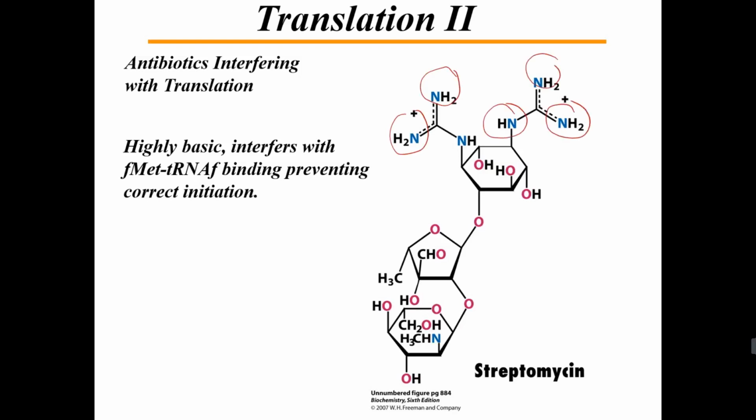And basically what it does, it will inhibit protein synthesis initiation, okay, and cause misreading of the mRNA. And it just prevents the binding of that initiator tRNA carrying the formylated Met, and will effectively stop protein synthesis in prokaryotes. So again, this is the very complex structure of streptomycin, which by no means you have to remember.